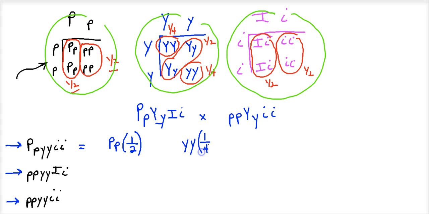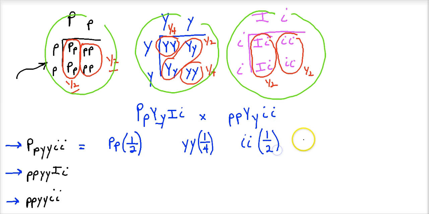And then independently, what is the probability of I and I being made from these sets of alleles from mother and father? And of course, you can see that it's 1/2, as we've already looked at. So 1/2 is the probability of I and I coming together.